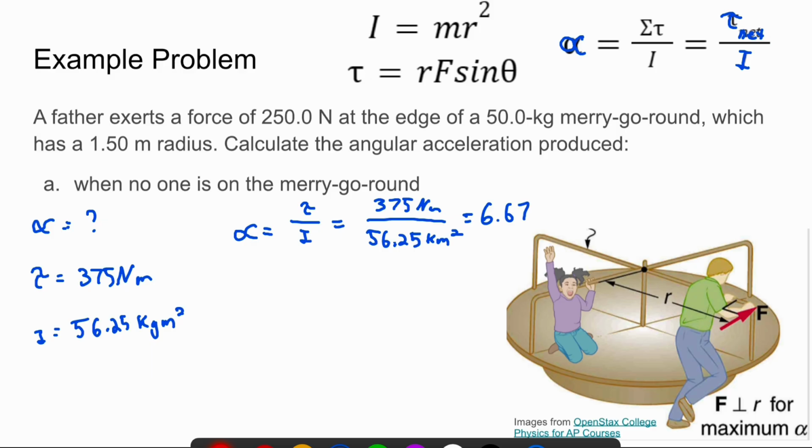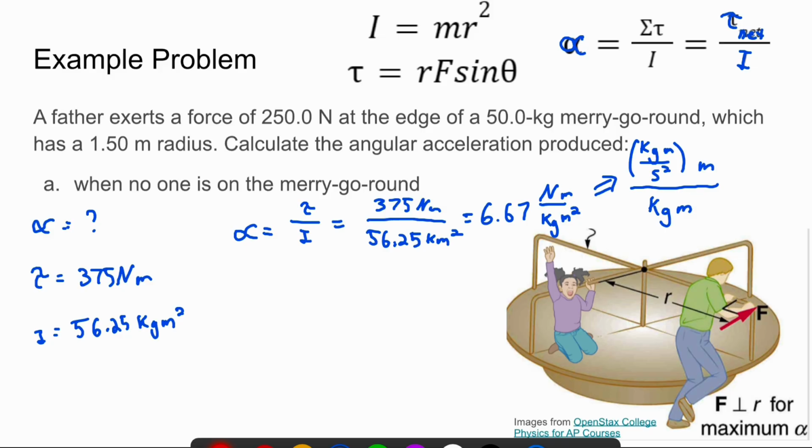But let's think about what units we have here, because remember, we've got Newton meters on top and kilogram meters squared on the bottom. If we pull those out, Newtons is kilograms meters per second squared, times meters, divided by kilograms meters squared.